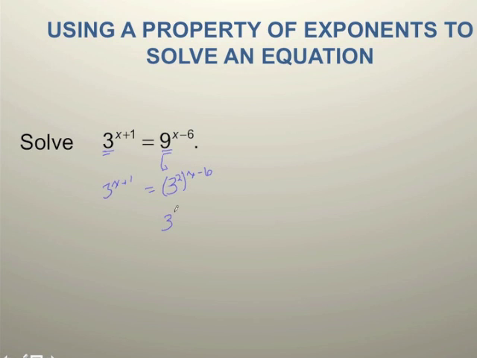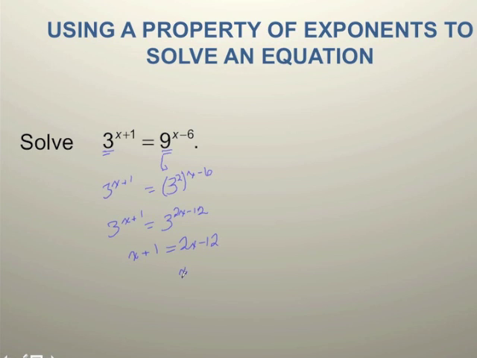So this becomes 3 to the 2x minus 12, and we have 3 to the x plus 1. Now we have the same bases, different exponents. So they appear to be different exponents, but they must be equal. So x plus 1 equals 2x minus 12.